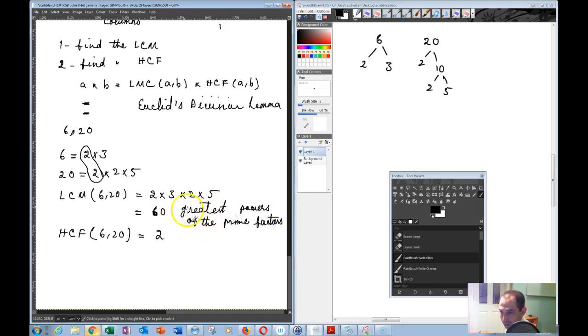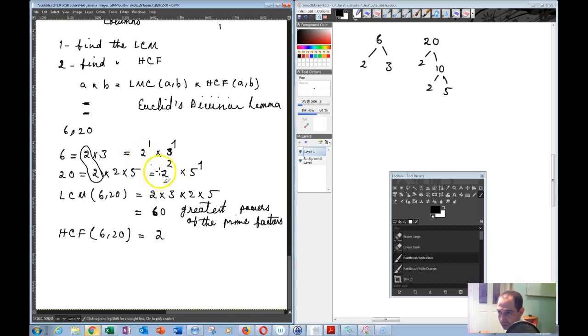For example, here the powers of the prime factors are 2 raised to the power 1 times 3 raised to the power 1, and over here you have 2 raised to the power 2 times 5 raised to the power 1. And the LCM of these two numbers is the greatest powers of the prime factors. The prime factors that we have here are 2 and 3. The prime factors that we have here are 2 and 5.